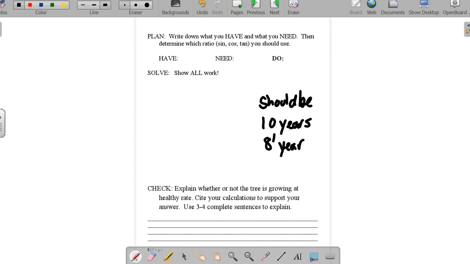That means the tree should be 198 feet plus 80 inches, and that is your should be height. You're going to need to change these inches into feet and inches to get your should be height to compare whether or not the tree is healthy.